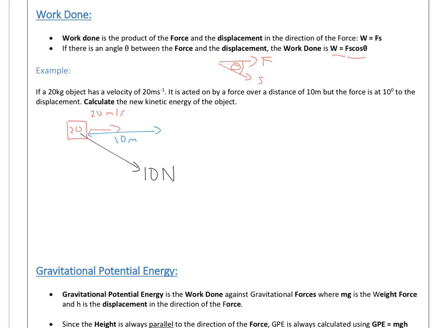I probably should have specified that in the question, and it's at an angle of 10 degrees. So you have it like that. And what we want to do is calculate the new kinetic energy of the object.